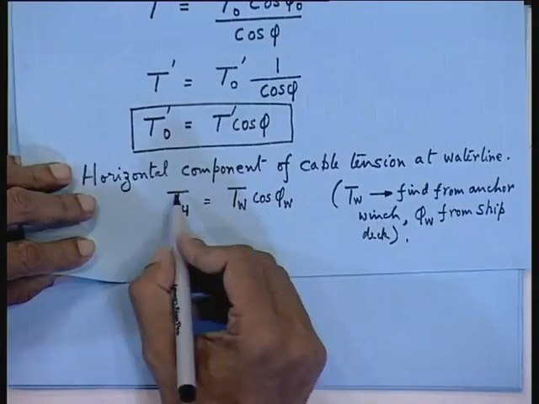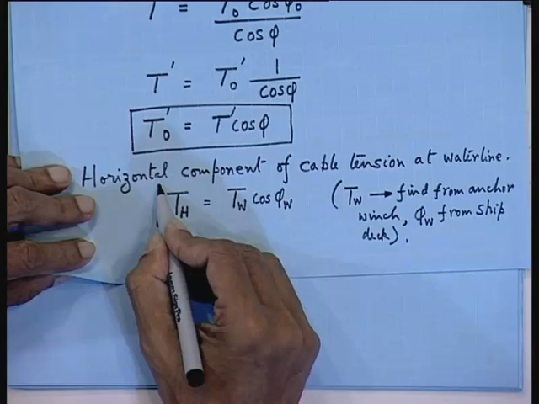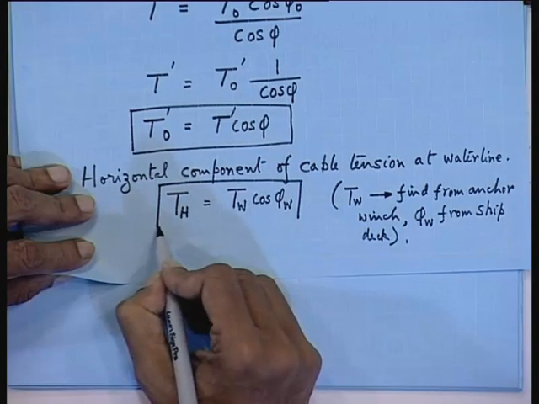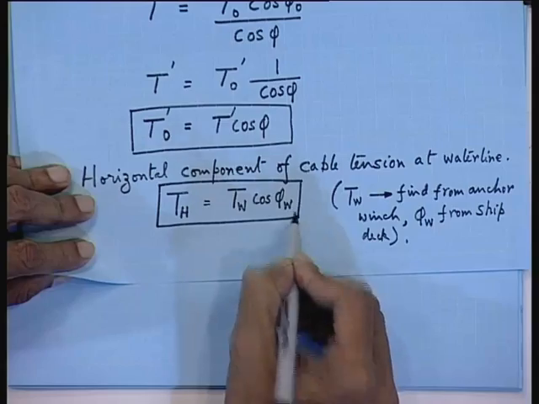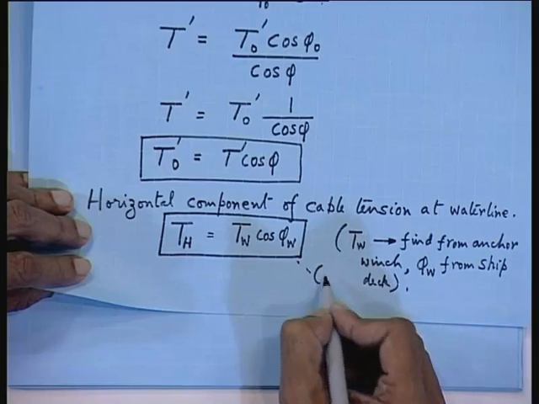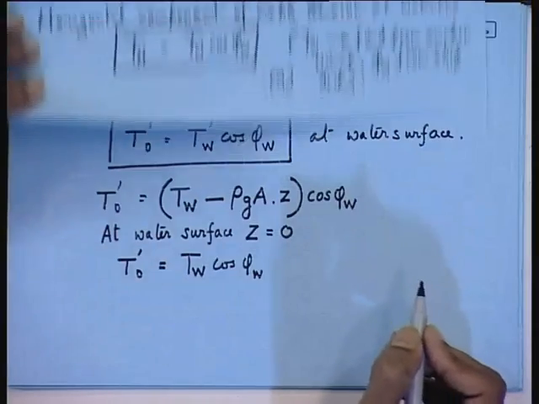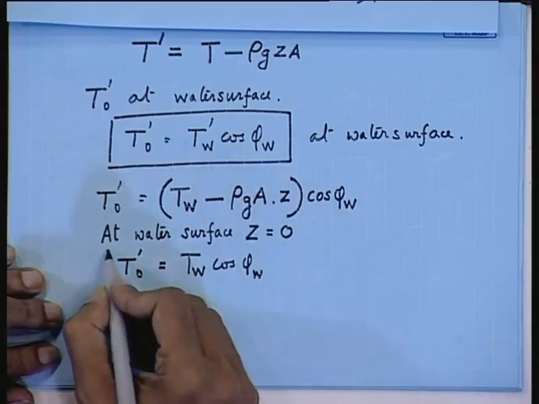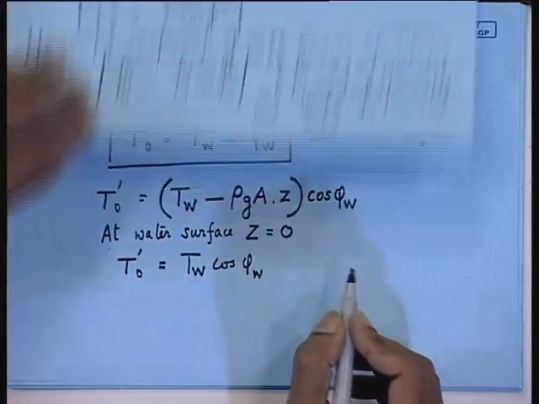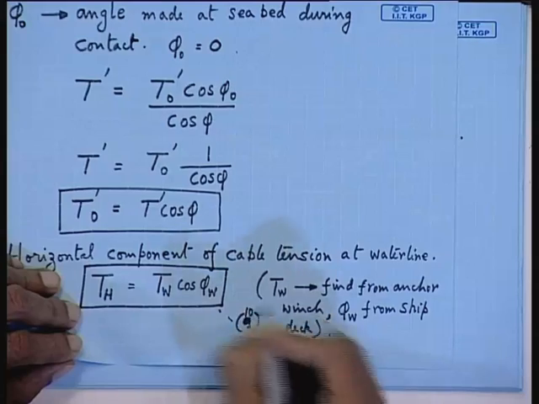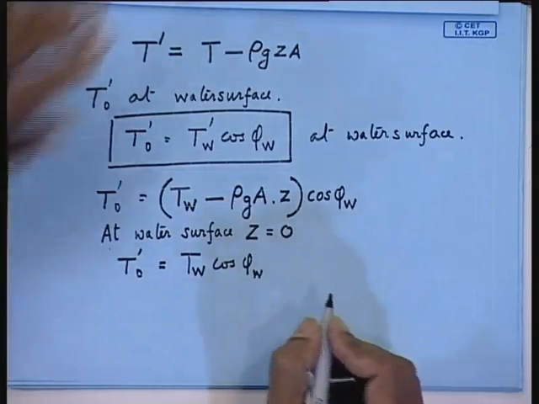So previously we have obtained TH is equal to TW cos phi. So this you put some number out here, say this is 9 or 10, whatever we are forgetting. So compare with 9. This is 10, no? So you write this as 10. So compare with 10, how much are we getting?